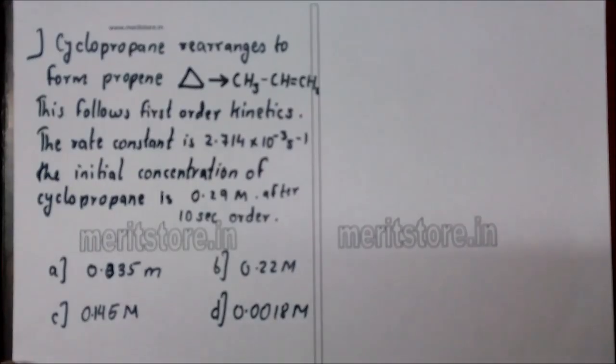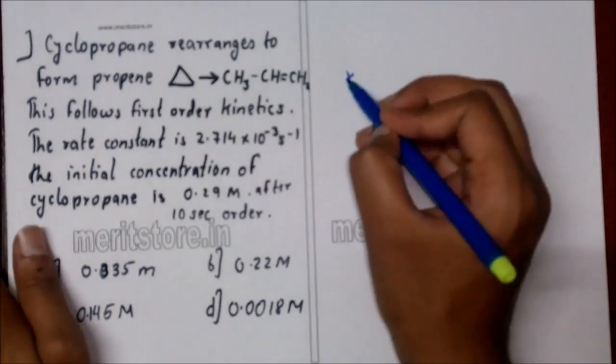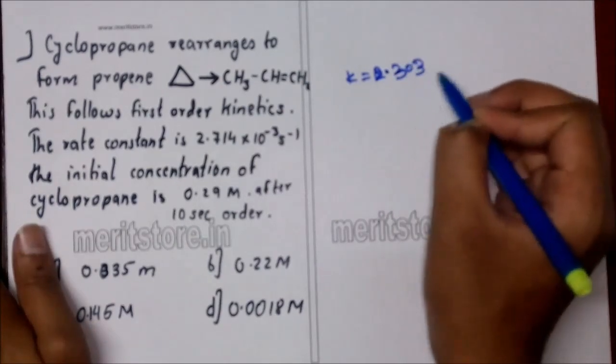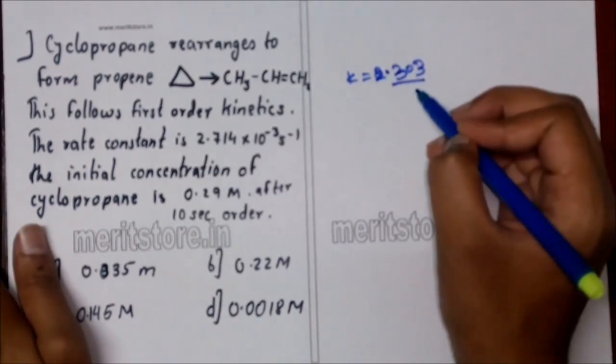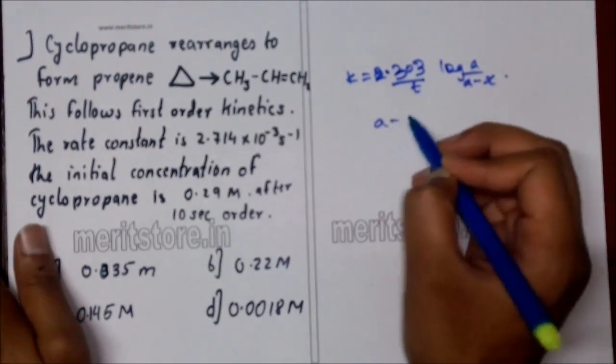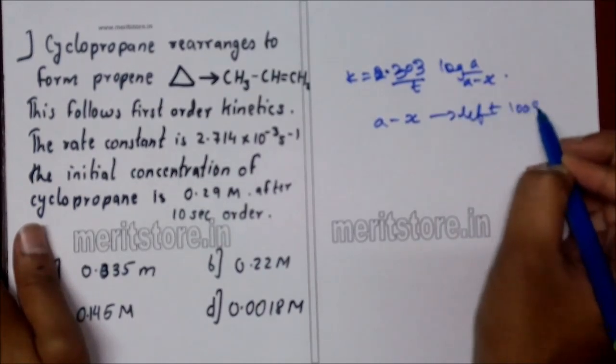So our next question is cyclopropane rearranges to form propene. This follows first order kinetics. The rate constant is 2.714 into 10 raised to minus 3 per second. The initial concentration of cyclopropane is 0.29 moles. What is the concentration after 100 seconds? So we know that K is equal to 2.303 upon T log of A upon A minus X, where A minus X is the concentration left after 100 seconds.